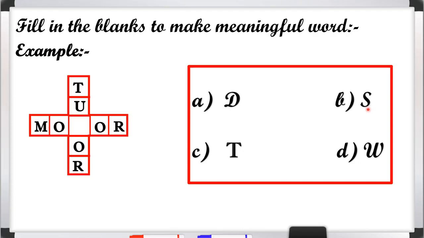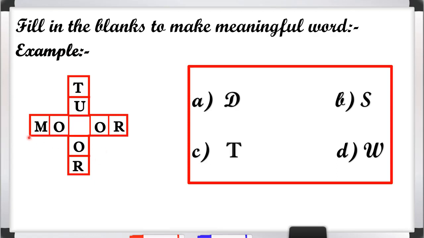Now here the option is S in B part, so we will put S here. TUSOR, it is also not a meaningful word, so leave this letter also. Now T, TUTOR, tutor. Yes, tutor is a meaningful word.